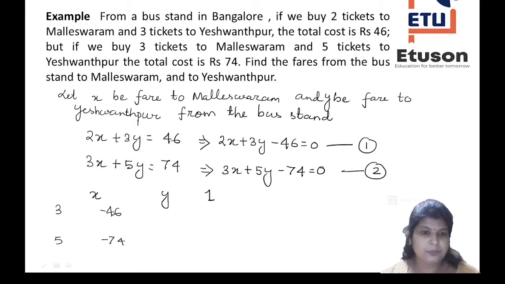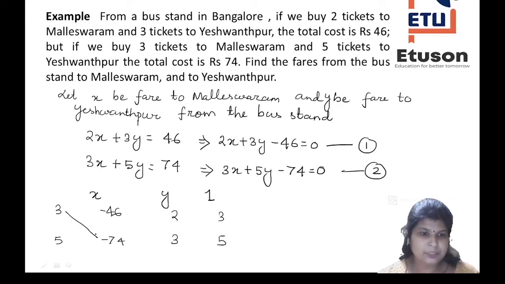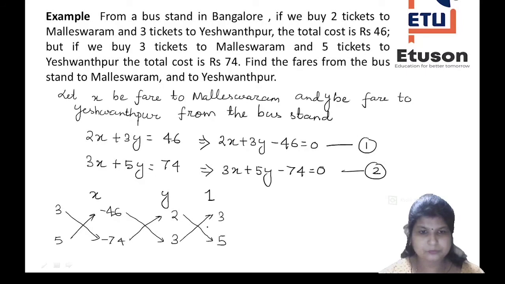For y you have to write down the constant and the coefficient of x, that is minus 46 and 2, and minus 74 and 3. For the constant you have to write down the coefficients of x and y, that is 2, 3 and 3, 5. So what you have to do next? Just draw the arrow diagram to understand what cross multiplication you have to do. Okay, so this is the cross multiplication you have to do.